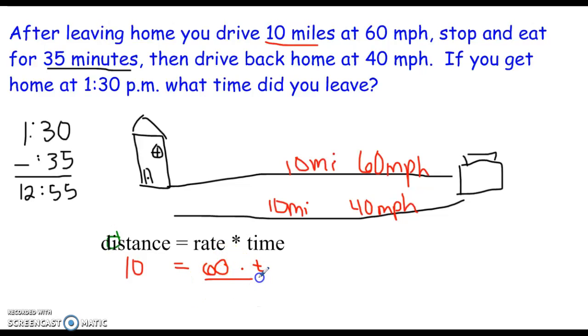So if we simplify this, if we divide by 60 miles per hour to both sides, we get 1/6. 1/6 of an hour is how long it took us to get to the restaurant.